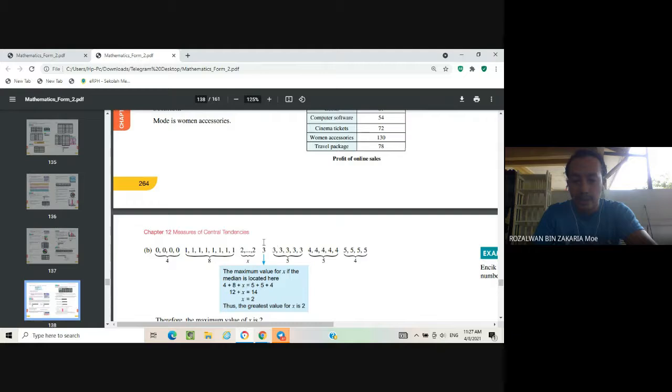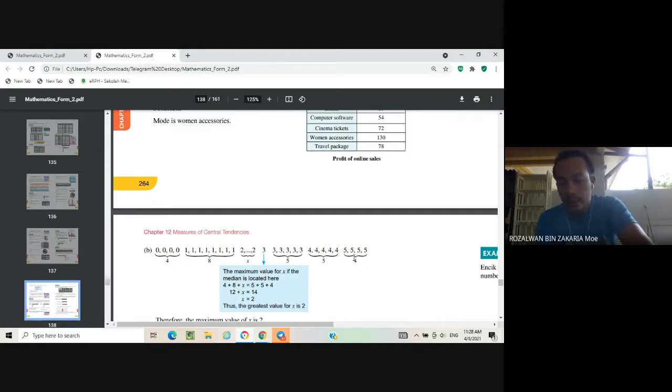Then after that is 4. The data 4 is repeated 5 times, so you write 4, 4, 4, 4, and 4. And the last one is the data 5. Data 5 is repeated 4 times, so you have to write like this.